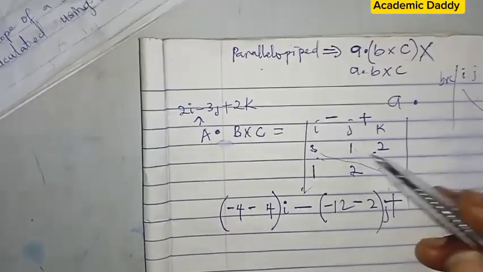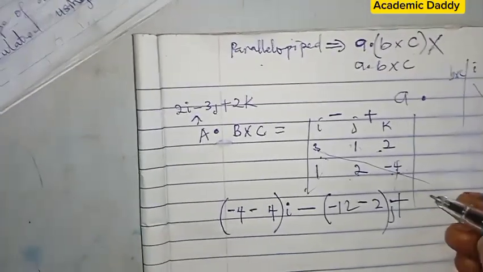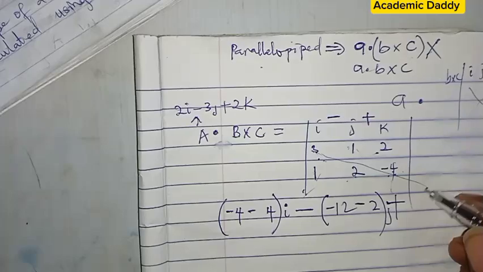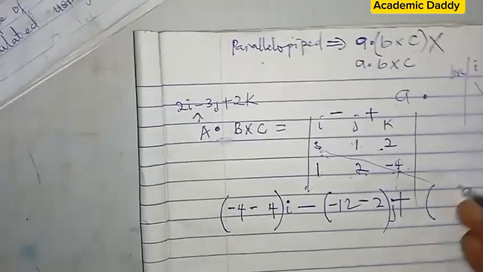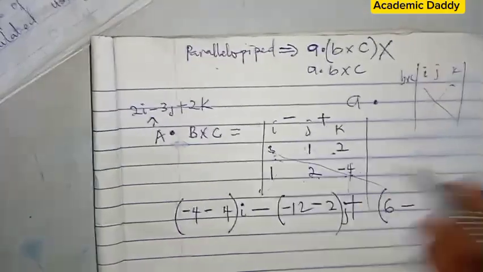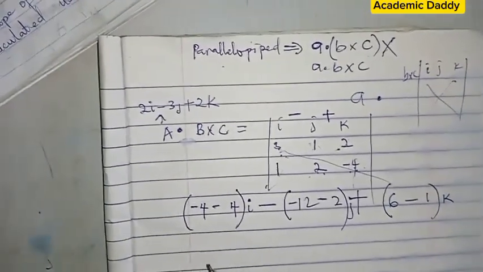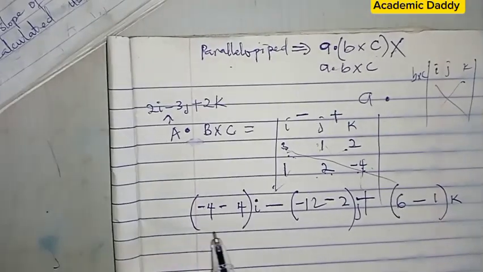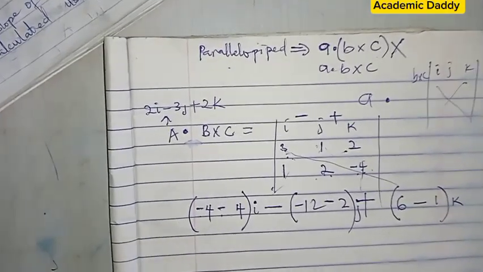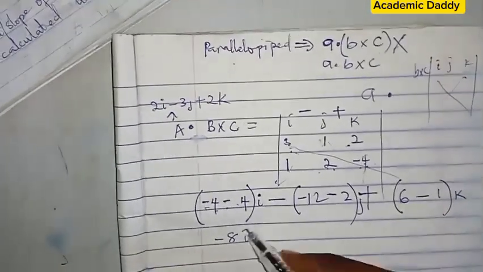Now to get K, we cross I and J to get K. So we see 3 times 2, 6, minus 1 times 1, 1. Then we write K. So you can now see that this is going to be the same thing as saying minus 4 minus 4 is minus 8I.